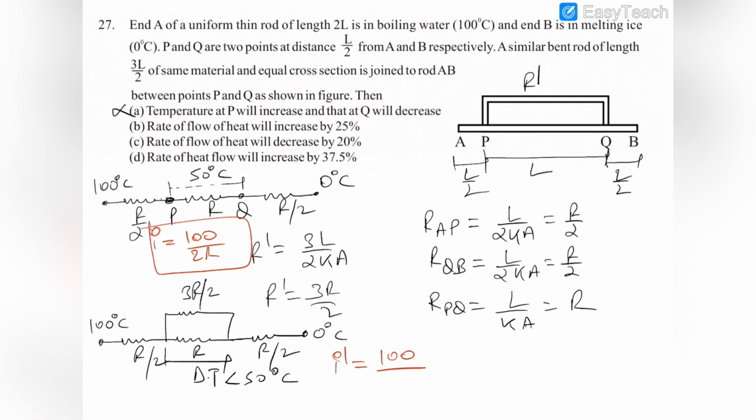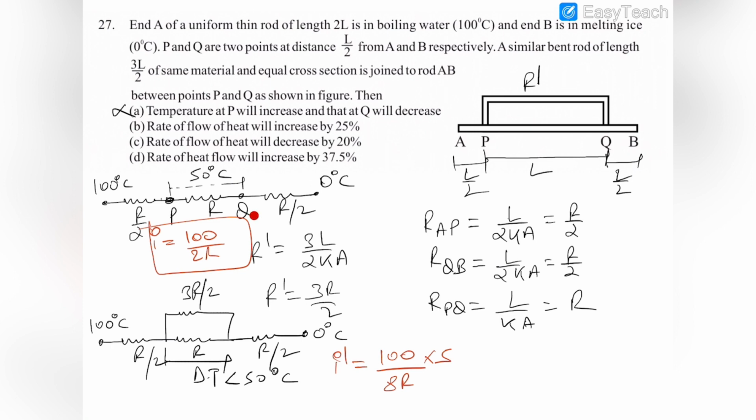So 3R by 5 and R are in series, and therefore it is 8R by 5. So the new current would be 100 upon 8R by 5.